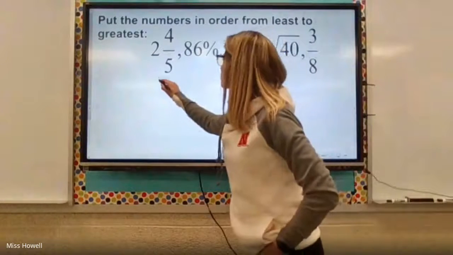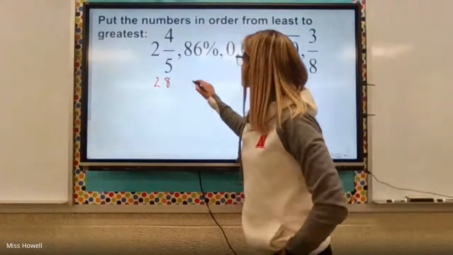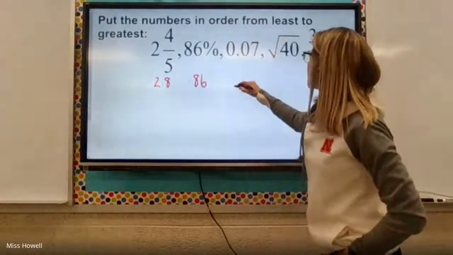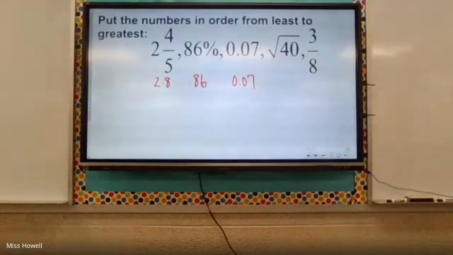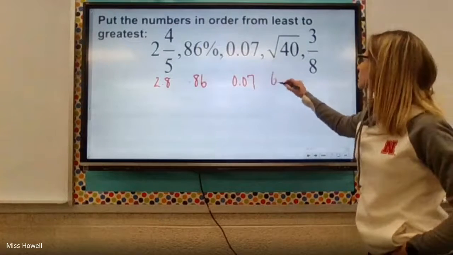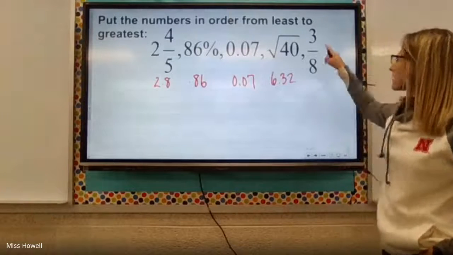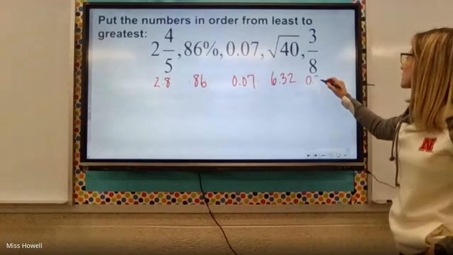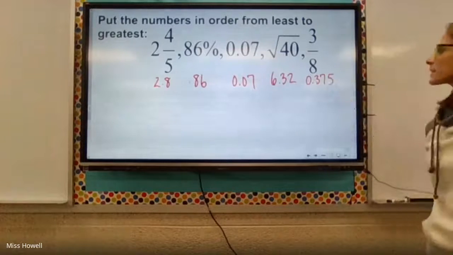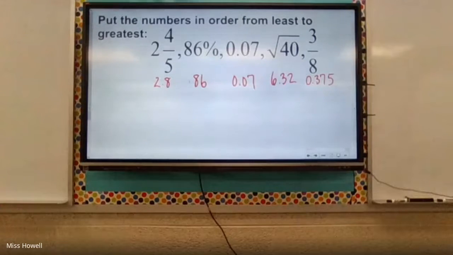This should give you a 2.8. This should give you a 0.86, a 0.07. For the square root of 40, again, don't do your simplifying. Just get an approximate value. In this case, 6.32 should be enough digits to compare. And then 3/8, do your divide, 0.375. All right, those versions are easier to compare.